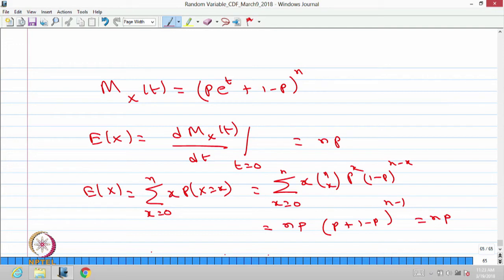So, there are two ways you can find the expectation, either from scratch by the definition method or by the MGF method. The same way one can compute the variance.